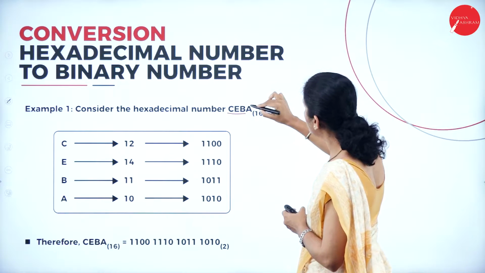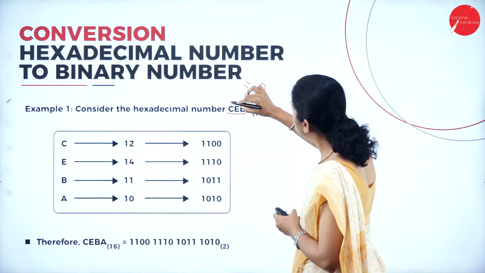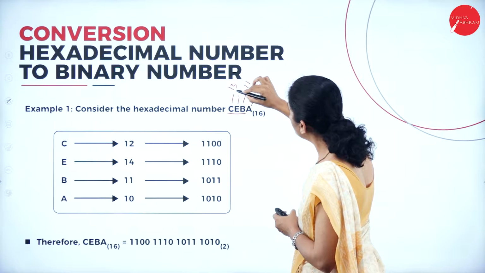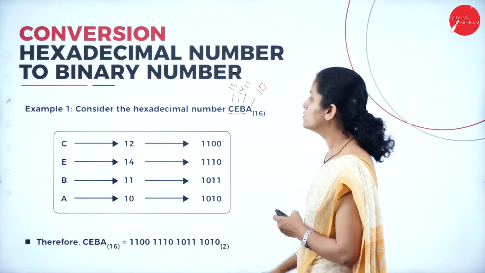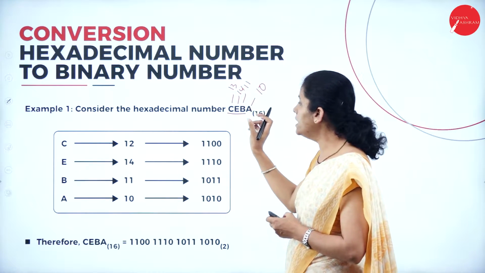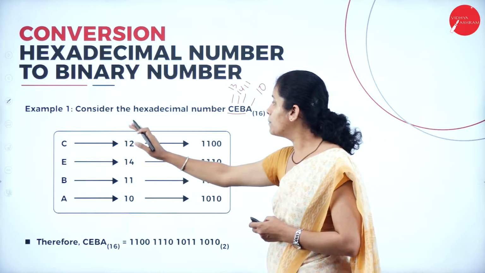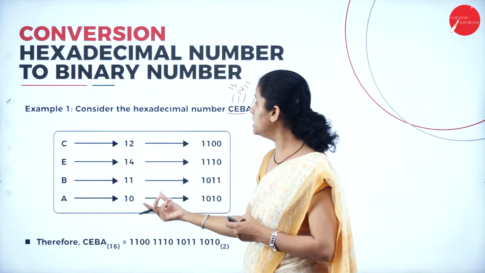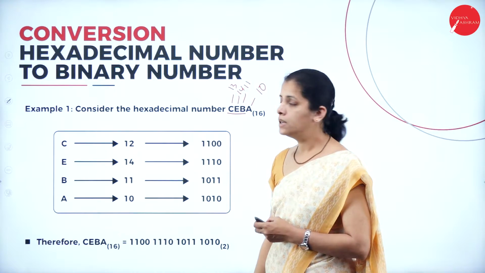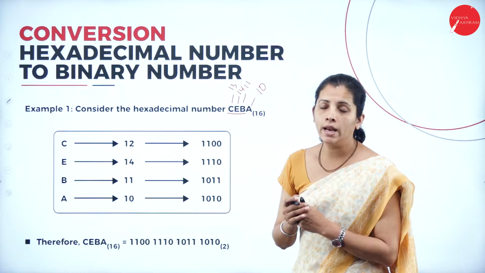Now see here, I have the hexadecimal number CEBA. So here A is nothing but 10, B is 11, C is 12, D is 13 and E is 14. So I am going to extract each individual letter separately and write the decimal equivalent. Now I am going to write the binary equivalent for that.